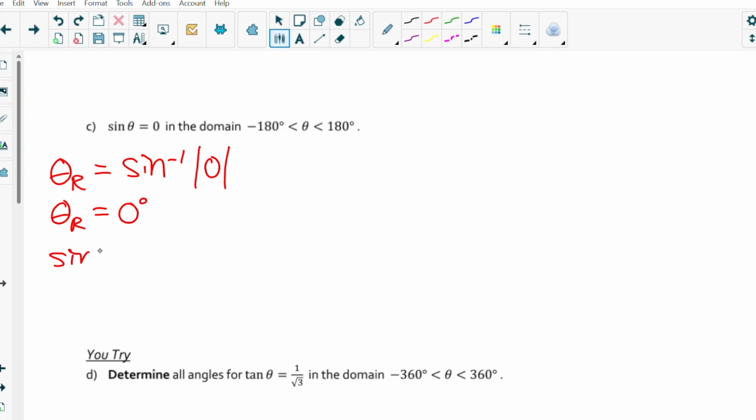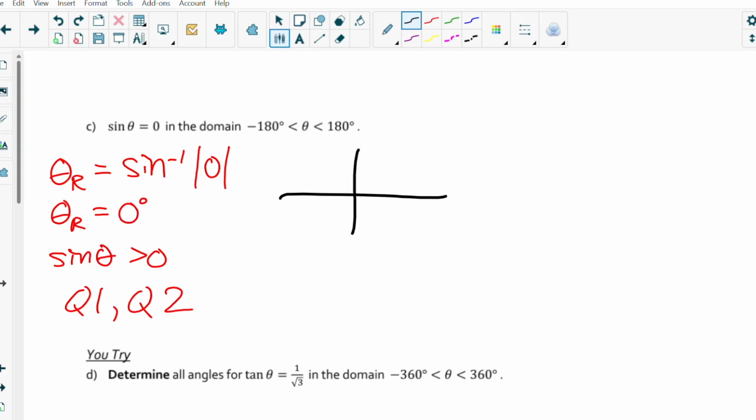Okay, so sine of theta is greater than 0, so this is quadrant 1, quadrant 2. So let's look at quadrant 1. Sine, the reference angle is 0. Okay, so theta r equals theta, the angle in standard position, equals 0 degrees.